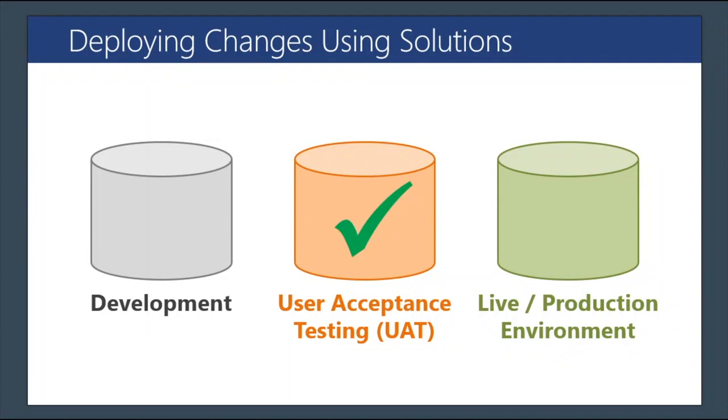And at that point, when that solution is validated and your users sign off and say, yep, this is great, it looks wonderful, or you've gone through your system testing or your QA testing and everything is working as appropriate, you then migrate that solution into your production environment. Now, at its most simple level of construction, this can be done using the solution export and import mechanisms that are provided out of the box in Dynamics 365.